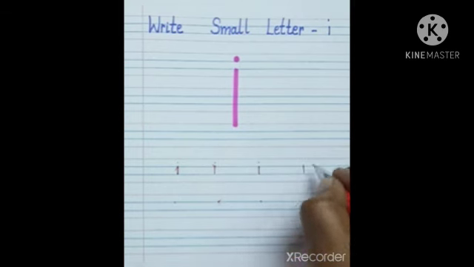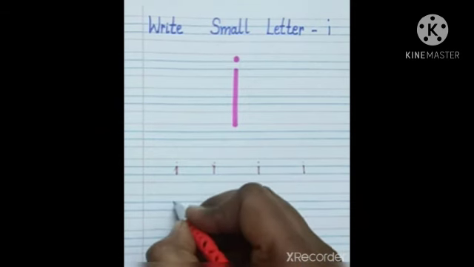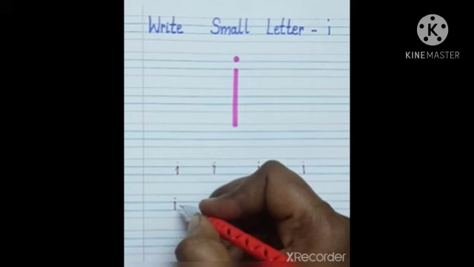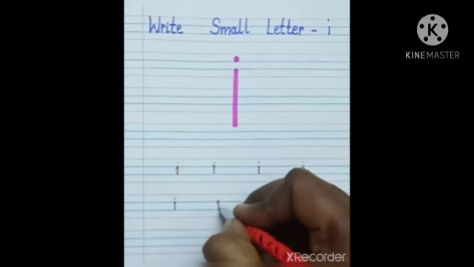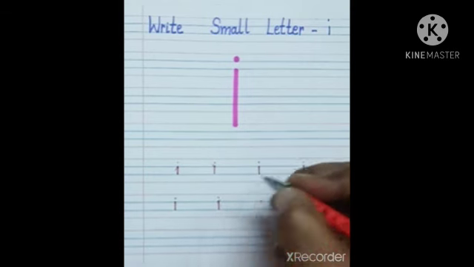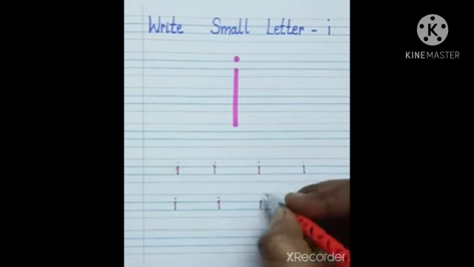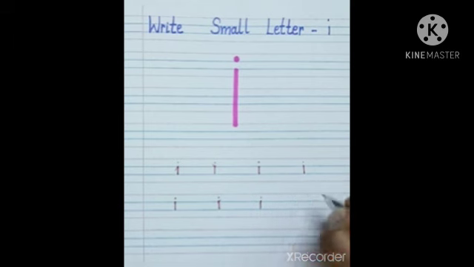Small standing line, then keep one dot between top red line and blue line to form small letter I.